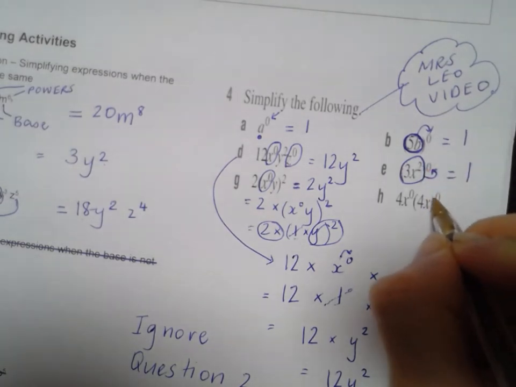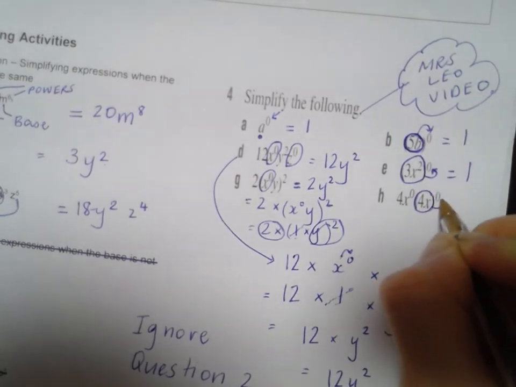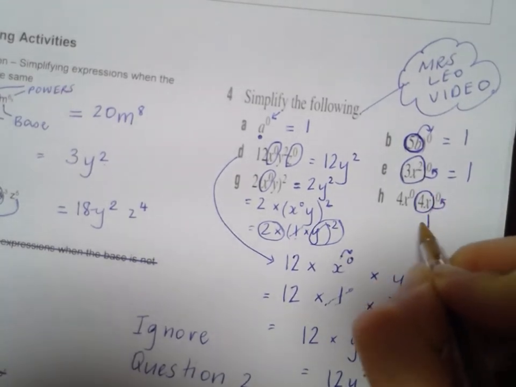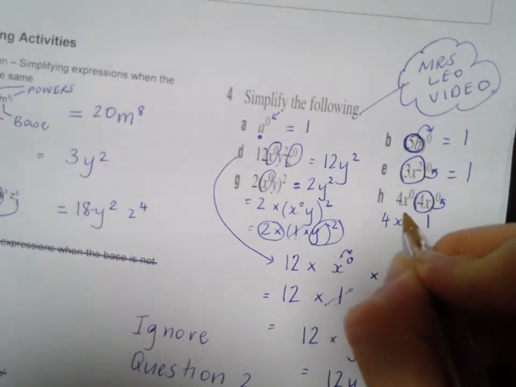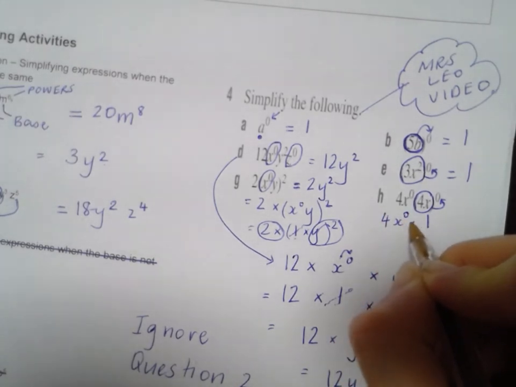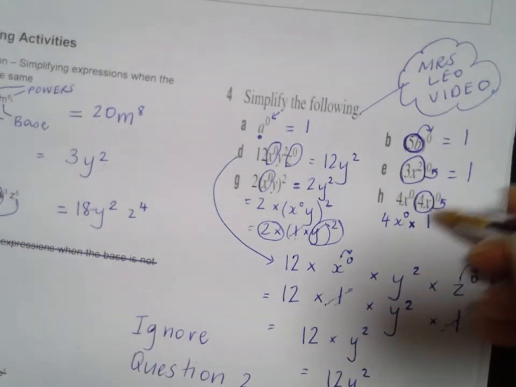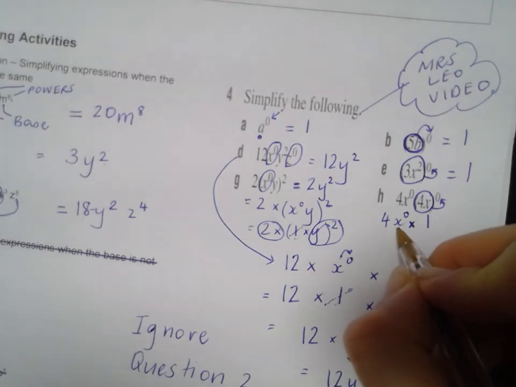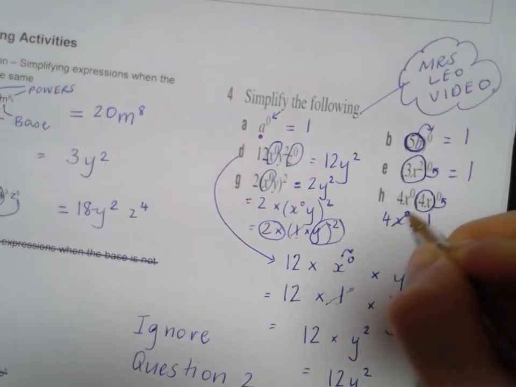Okay, similar here, we have a whole parcel being put to the power of 0, so that part of it equals 1. Then we have 4x to the power of 0, and it's always times. If there's no operation written there, it's always multiply. So this here equals 1 as well, doesn't it? X to the power of 0, so we can cross that out.